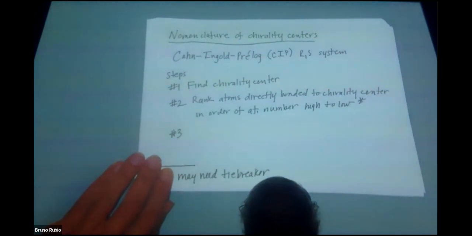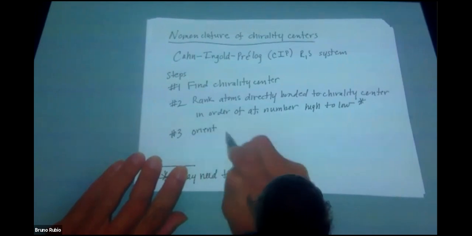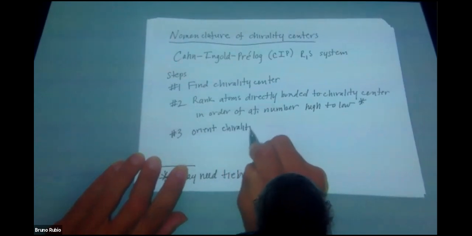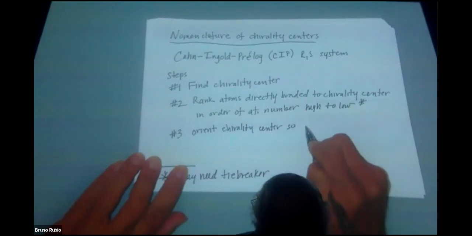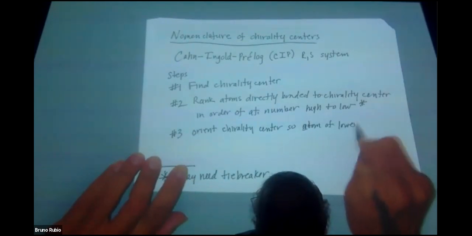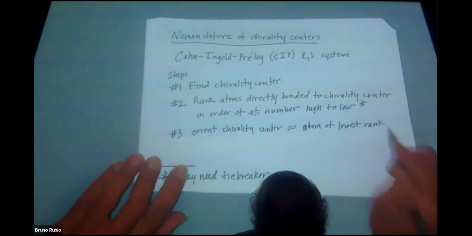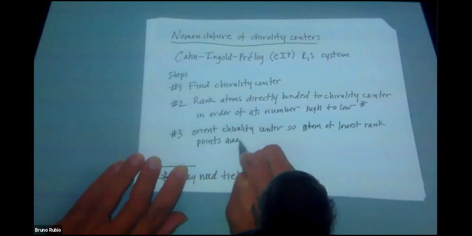This is the hardest step here, is now you orient the chirality center. So the group or the atom of lowest rank points away from you.